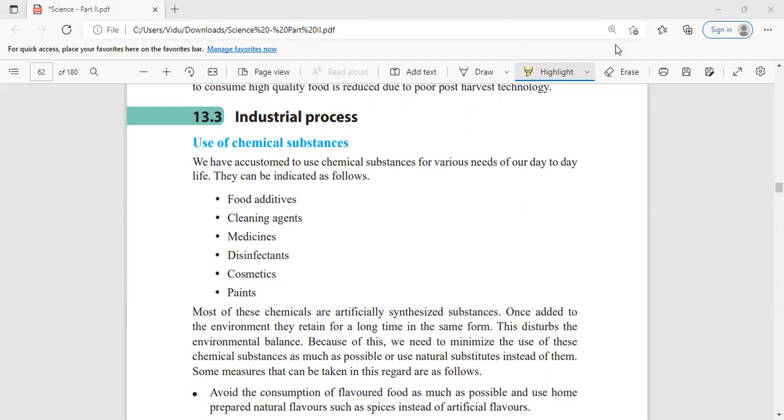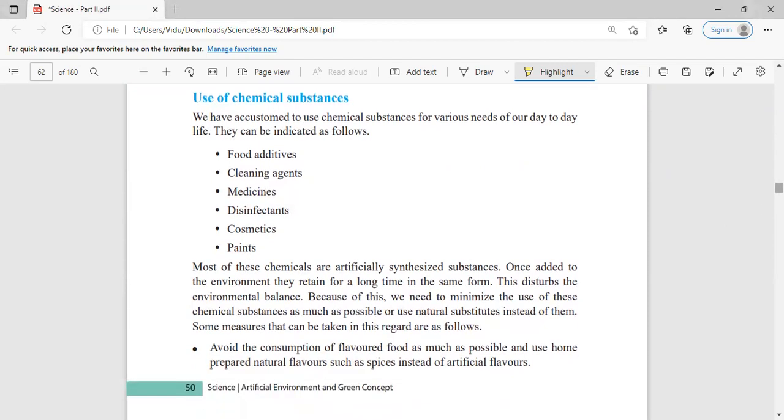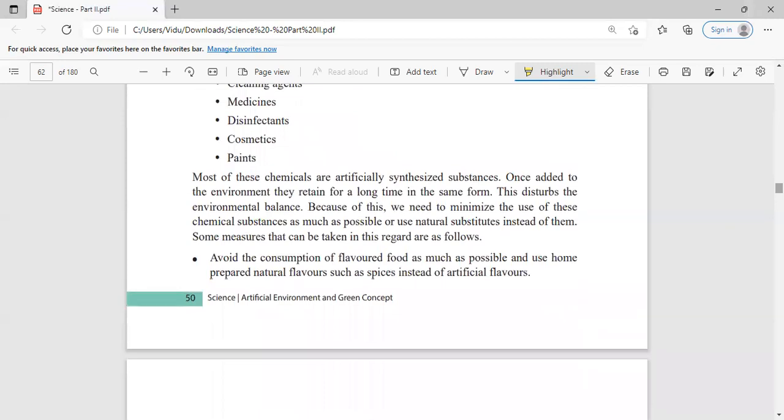So these needs can be indicated like this: food additives, cleaning agents, medicines, disinfectants, cosmetics, and paints. Most of these chemicals are artificially synthesized substances.